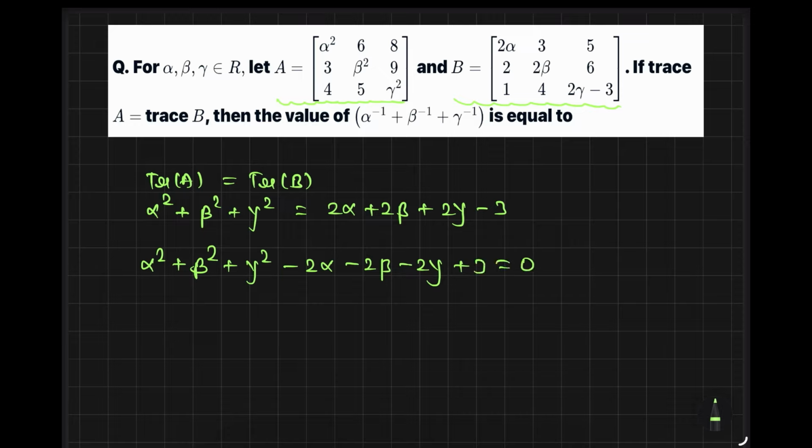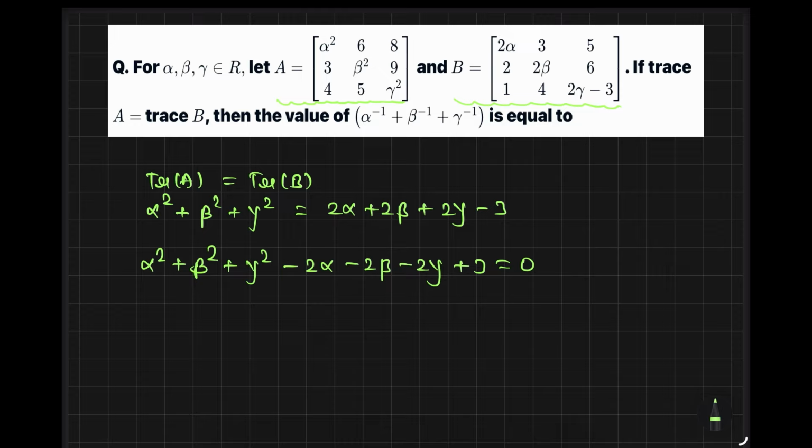If you observe, we have alpha square plus beta square plus gamma square, so we should have 2 alpha beta, 2 beta gamma, 2 gamma alpha. But it is not like that. But we have 2ab, so hopefully we can manage.